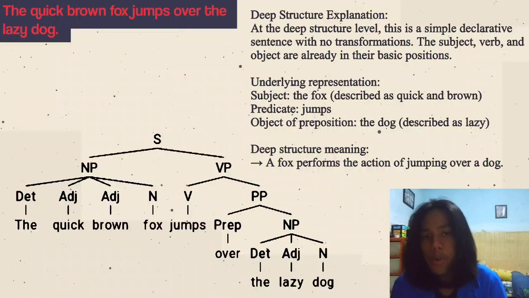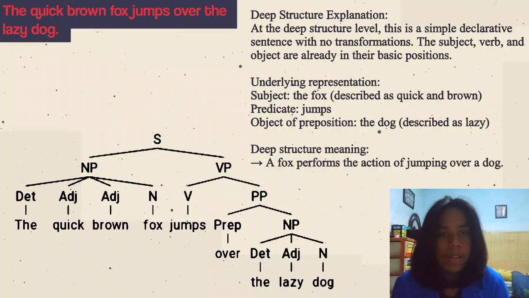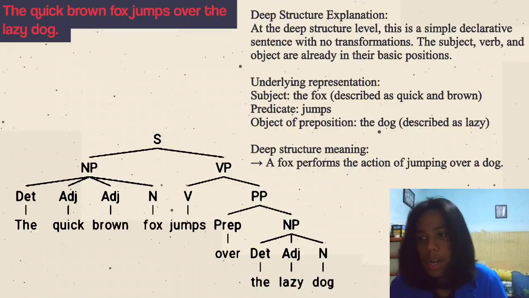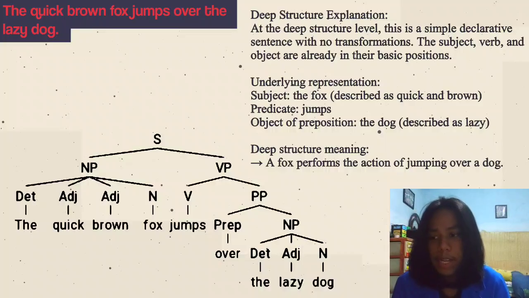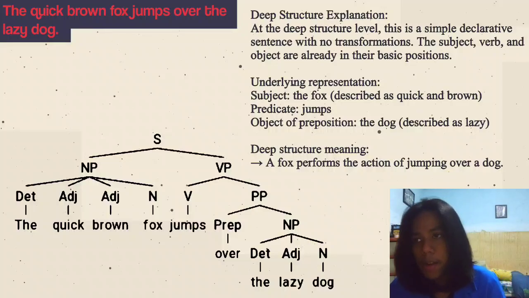The verb phrase is jumps over the lazy dog, consisting of the verb jumps and the prepositional phrase over the lazy dog. The lazy dog is a noun phrase consisting of the determiner the, adjective lazy, and the head noun dog.